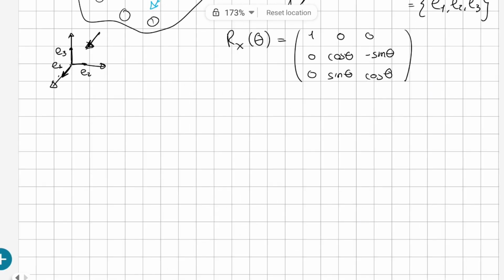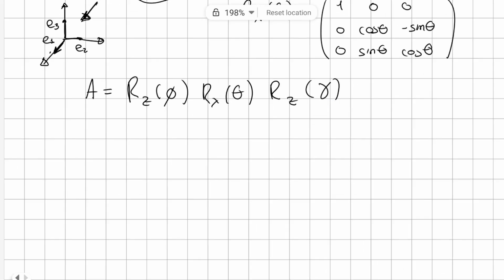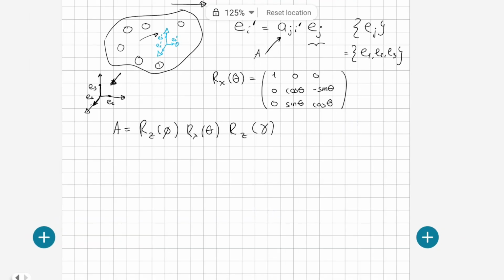So in other words, we are going to define the matrix A as Rz(phi), Rx(theta), Rz(gamma), like this. This is the product of three rotation matrices, but recall that we are making two rotations about the z-axis. So this is going to be the transformation matrix that we are going to be working with.